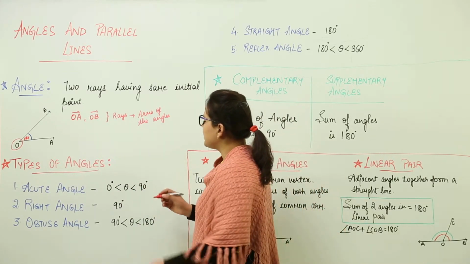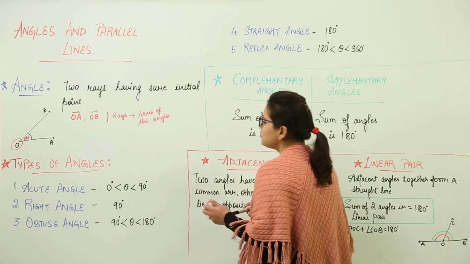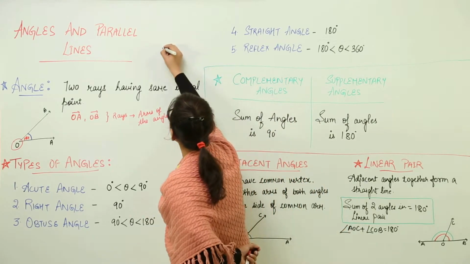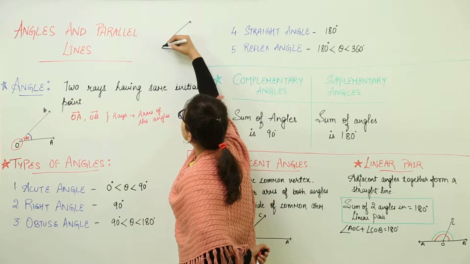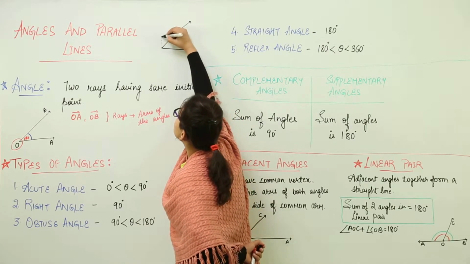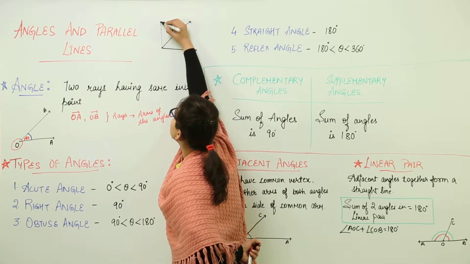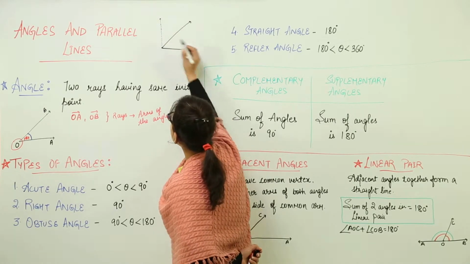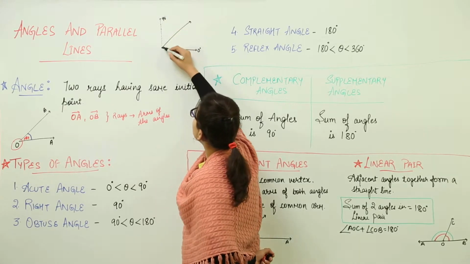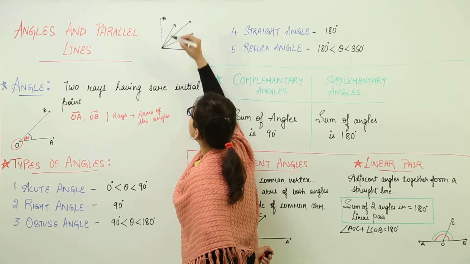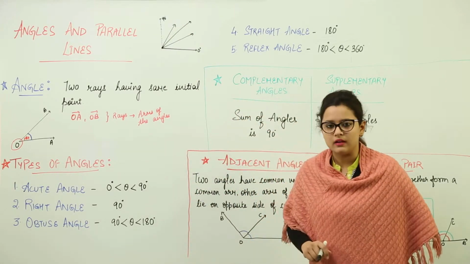You can have so many angles which are greater than 0 but less than 90. Here 90 is the perpendicular line, right? So we can say this is 0 and this is 90. Any angle coming in between 0 and 90 will represent the acute angle.